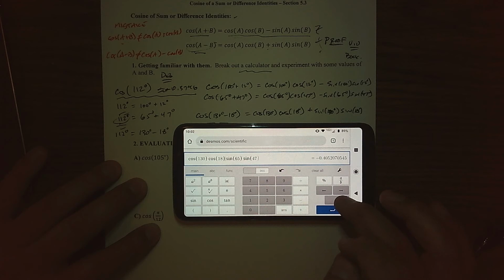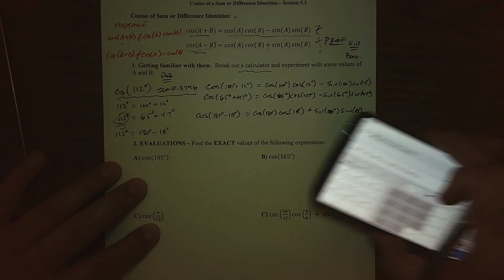That minus sign is now a plus sign, and we have the sine of 130 and the sine of 18. And lo and behold, you notice it's the same exact value that we got a few minutes before. So there you have it.